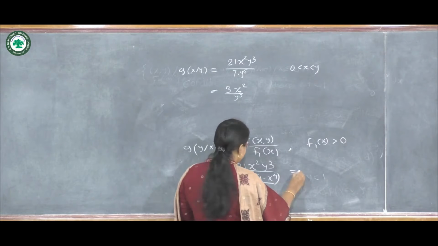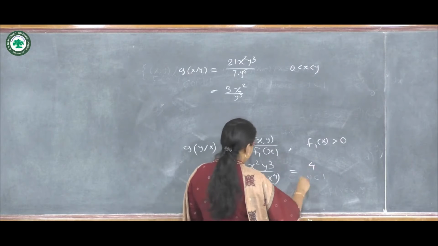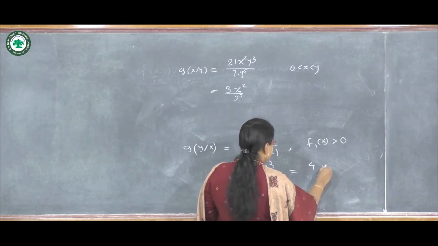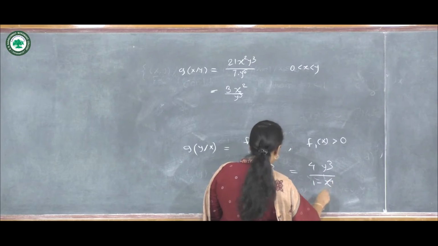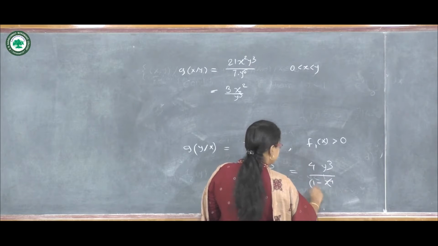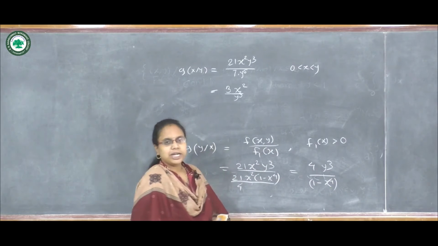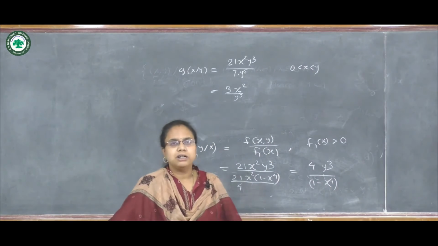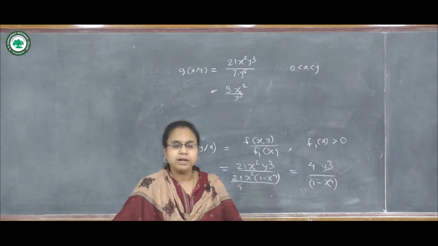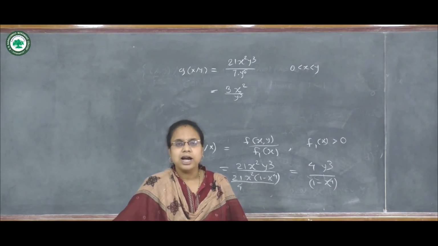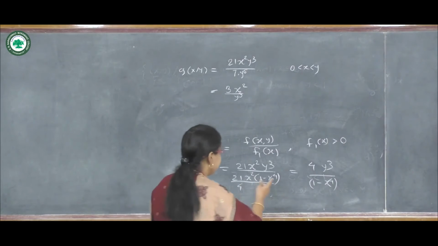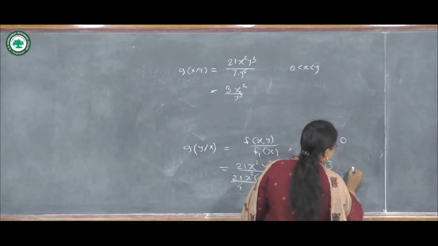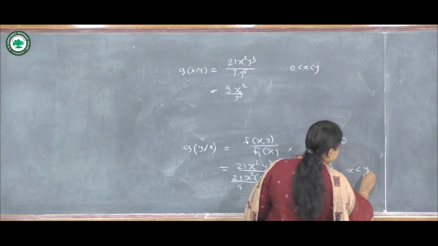We can calculate this as 4 y cube upon 1 minus x raised to 4. So in this way we can calculate the conditional distribution or conditional PDF of x given y and the conditional PDF of y given x. We should write here the range of y which is from x to 1.